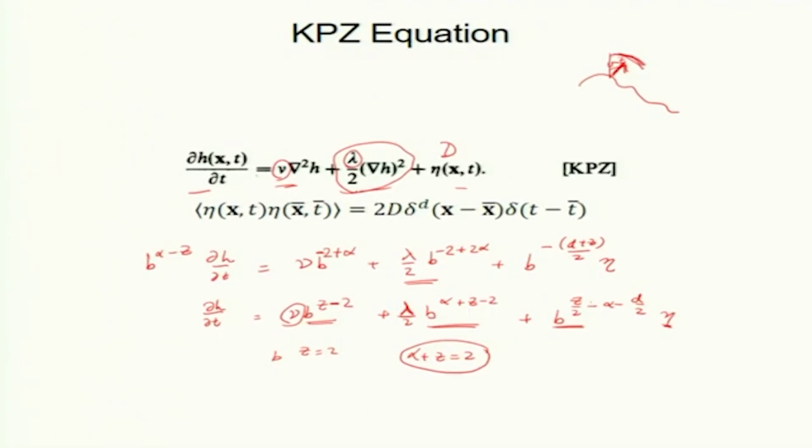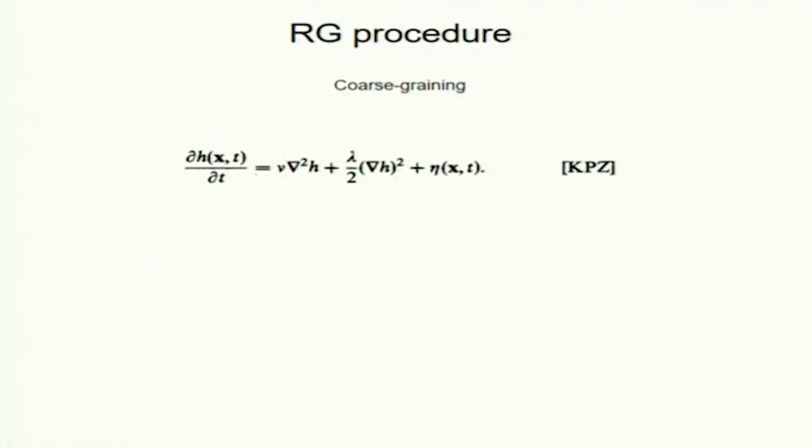It works exactly for this problem too. So you see the motivation that we need to renormalize these coefficients to get the proper answer. This is my equation, the KPZ equation. I hope everybody is following me.